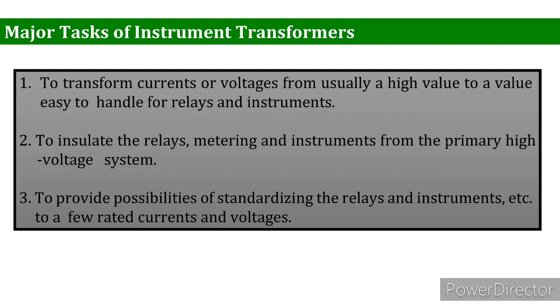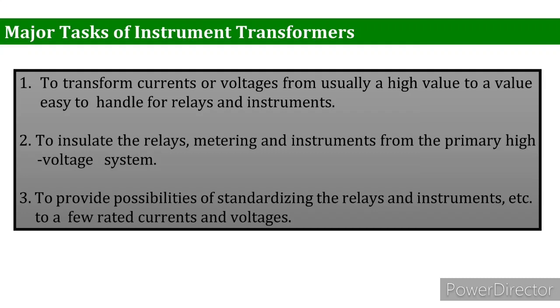For example, if we have a distribution setup of 400 amperes, we cannot design a relay of 400 amperes because it is almost impossible to design such a large relay, and also it is not cost effective.